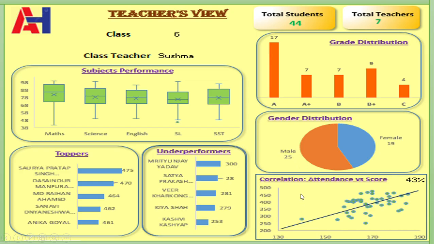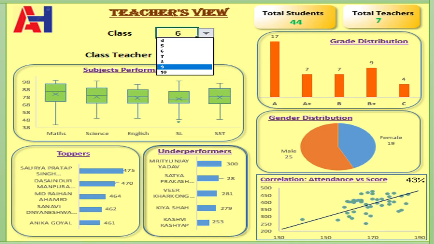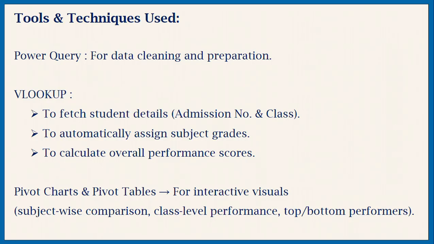And here I have given the correlation between attendance and score, to understand whether attendance is really affecting the score. Statistically we got only 43%, so it is not affecting that much, but I wanted to show the correlation. There is a drop down for every class to understand each class's performance for the class teachers.